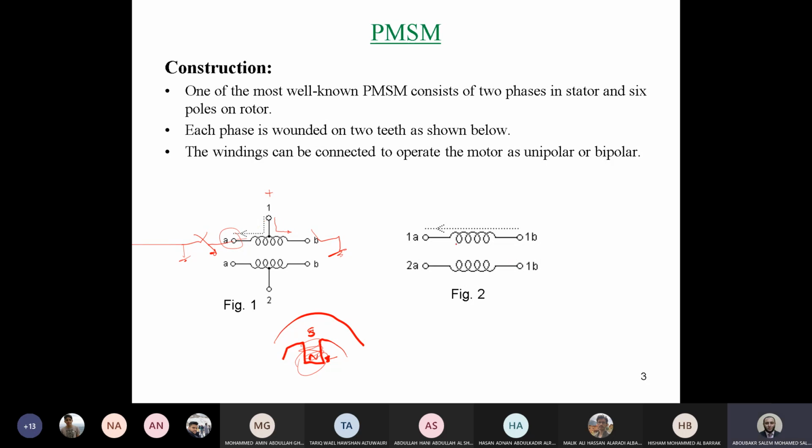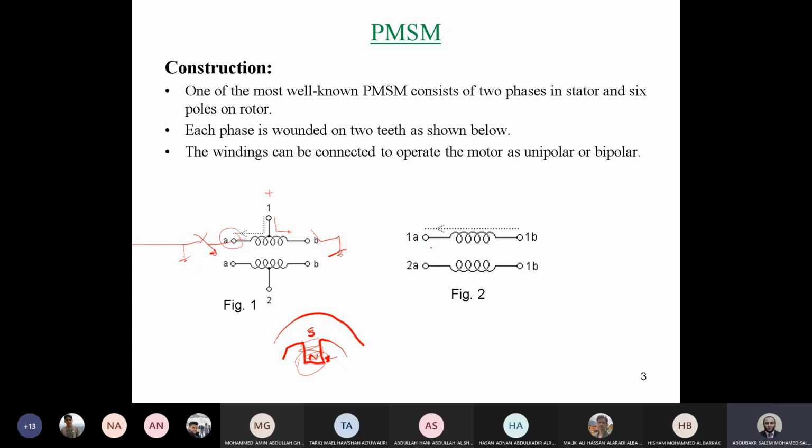However, for the bipolar motor, we have similar two coils, but without center tap. As you can see, we don't have a midpoint and terminal for the center of the coil, which means the current can flow from 1A to 1B or from 1B to 1A.